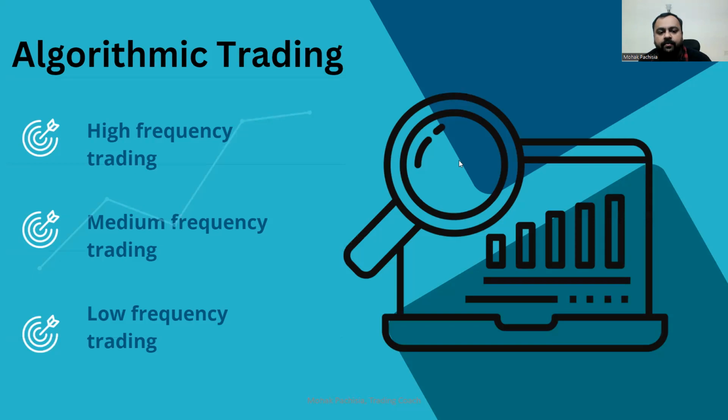Low frequency means, as the name suggests, that the number of trade signals we get is low, a low number of trades. In high frequency trading, there are a lot of trades. Within the first minute of the market, you could have thousands of orders given out. That is how it could work, right? So this was a bit about the basic idea.